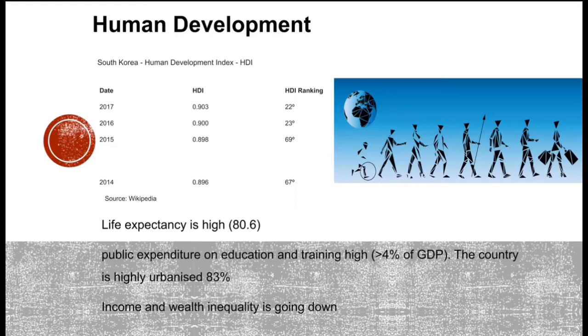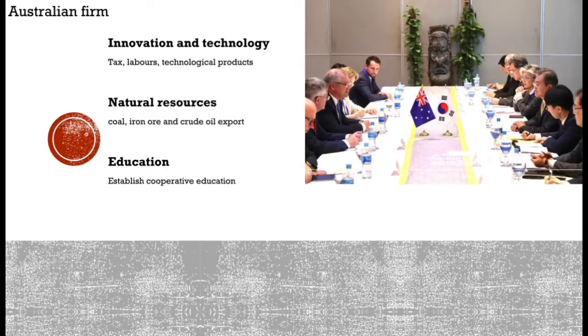For life expectancy, South Korea is very high at around 80.6 years, and public expenditure on education and training is very high at more than 4% of total GDP. The country is also highly urbanized at around 83%. The income and wealth inequality of South Korea is going down, which is also a favorable signal.